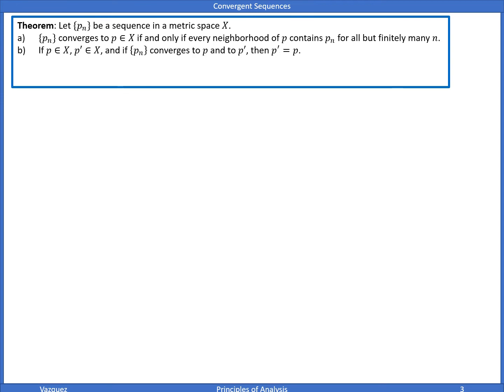Second, if P is in X and P prime is in X, and if P sub n converges to both P and P prime, then P is equal to P prime, meaning a sequence can only have one limit. It can't have two different limits. Third, if P sub n converges, then P sub n is bounded.